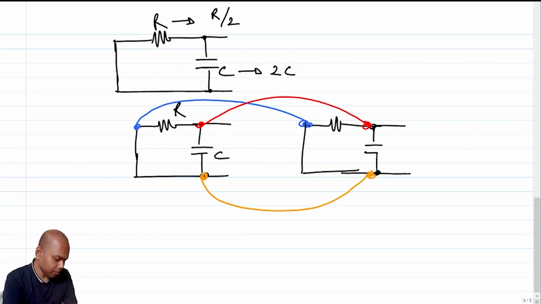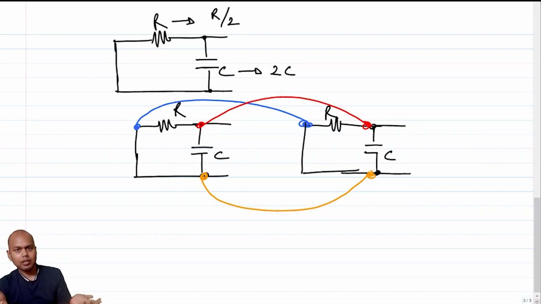Whatever you get after connecting it is essentially the impedance scaled version of the original circuit. In the impedance scaled version, R has reduced by a factor of 2, because I have essentially copied it once and connected it in parallel. So R goes down by a factor of 2, and the C goes up by a factor of 2. So essentially there is no change in transfer function, right?